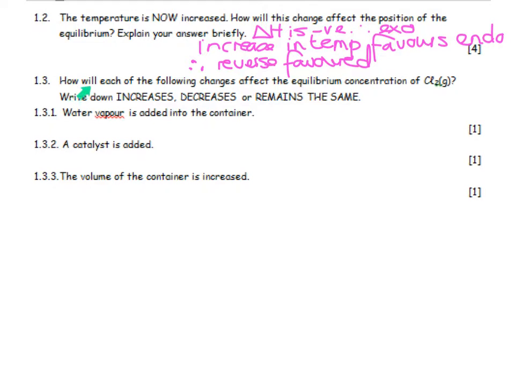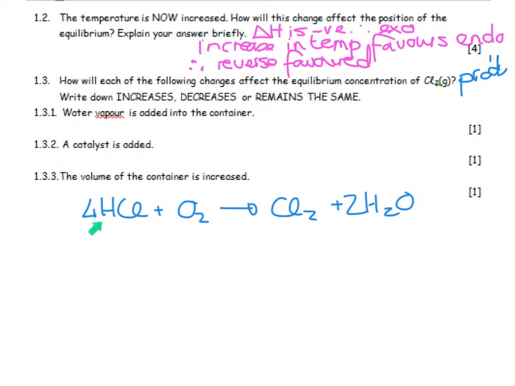Then the next one, how will each of the following changes affect the equilibrium concentration of chlorine? Chlorine is one of my products. Write down increases, decreases, or remains the same. So, if I look at this balanced equation over here, I am going to first add water vapor. All of these were gases.